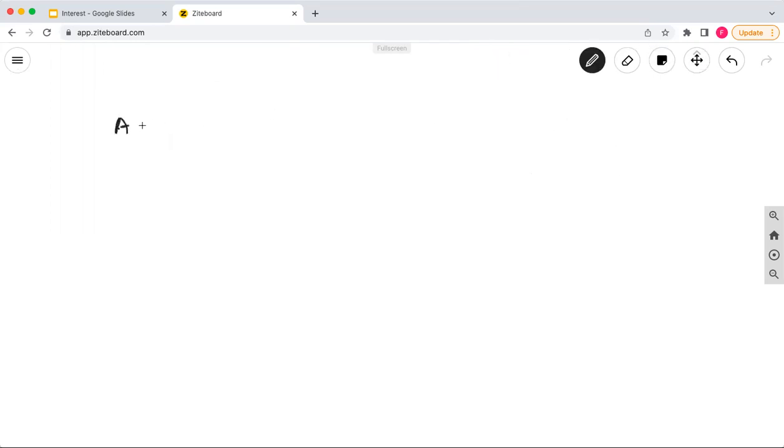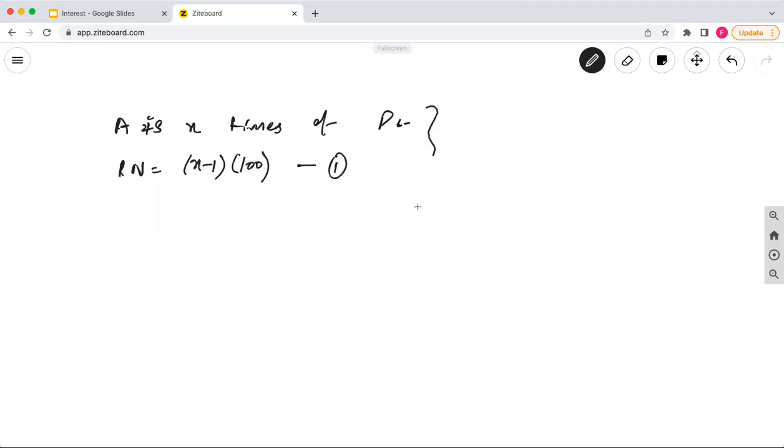When A is x times of P, R1 is equal to x minus 1 into 100. And when A is x times more than P, in this case R1 is equal to x into 100.